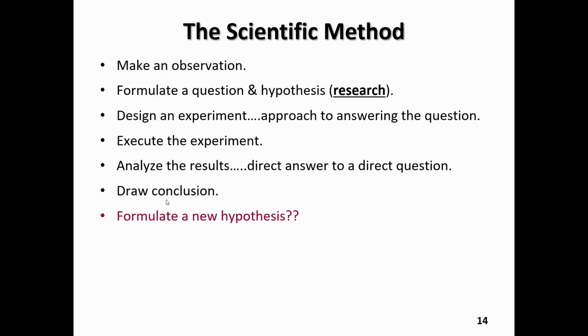So after we've completed an experiment and drawn some conclusions from it, this oftentimes will lead to the formulation of a new hypothesis and a new research question, which then continues the research cycle. The end of one experiment is not necessarily the terminal end of the process, but it sets up the next experiment to be conducted.